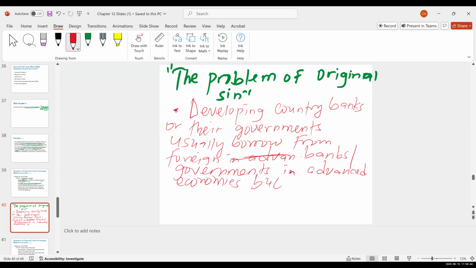But such debt is always denominated in a foreign currency like the US dollars.